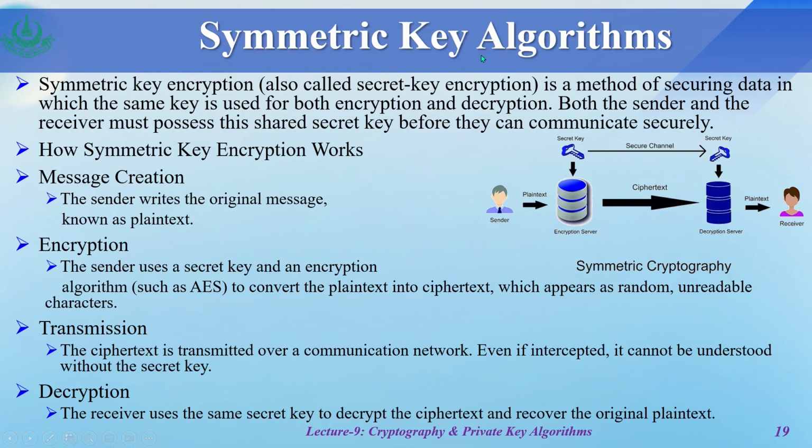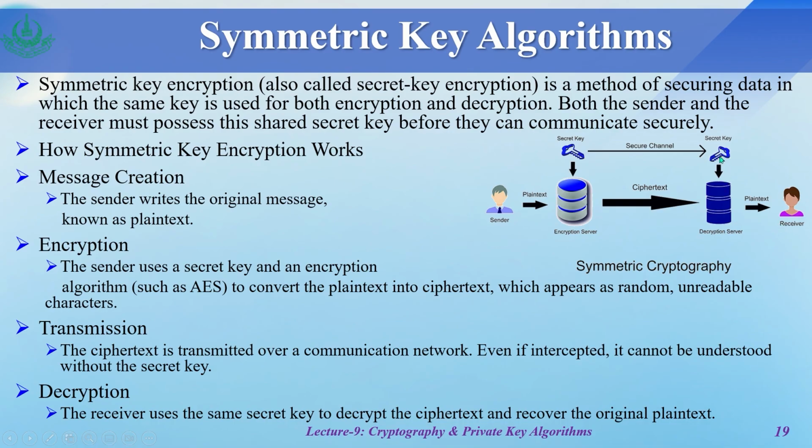Symmetric key algorithms are used for encryption by the system. The message is taken from the user, and a secret key, which is shared between two users, is used with the algorithm to encrypt the message and send it to the receiver at the other end.